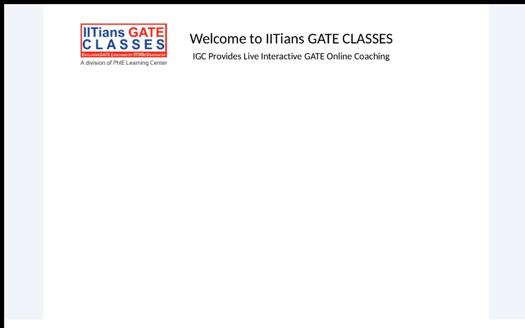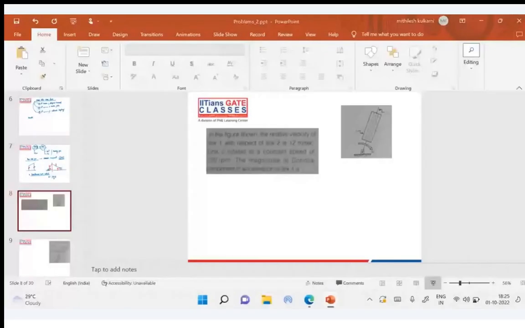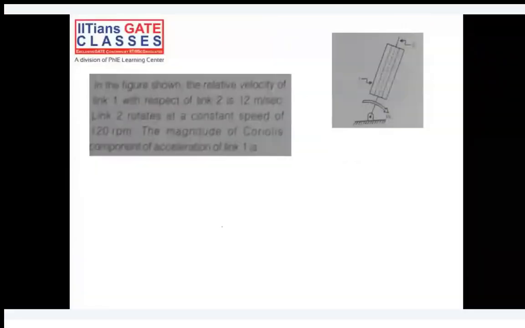The Coriolis component of the acceleration is given by 2v omega. So v and omega are required in order to solve this question. Out of these, what is given to you? V is given, but omega is not given. Omega is given in terms of rpm. You have to calculate the omega in this case.